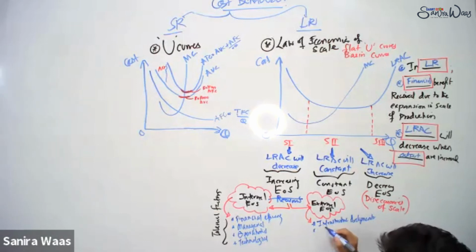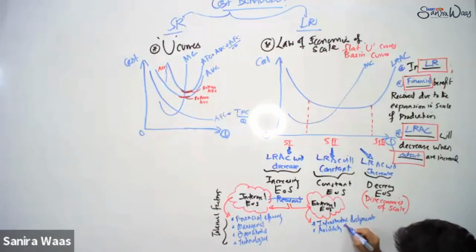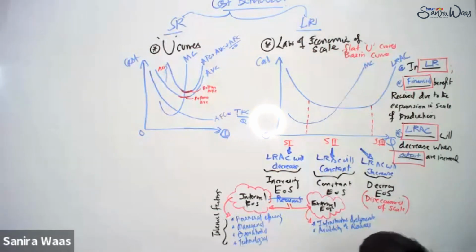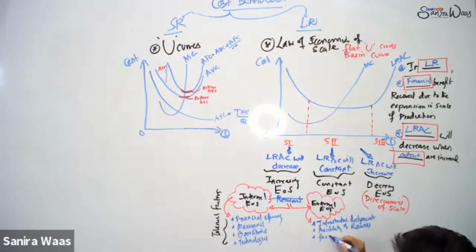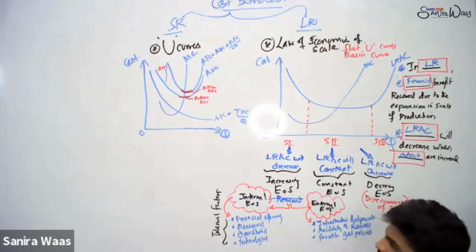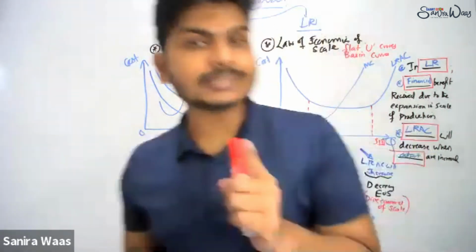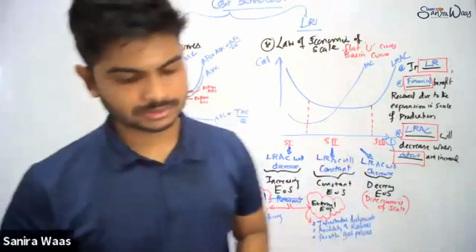Availability of resources, like labor and all, right? Favorable government policy. These are the main reasons for increasing economies of scale.